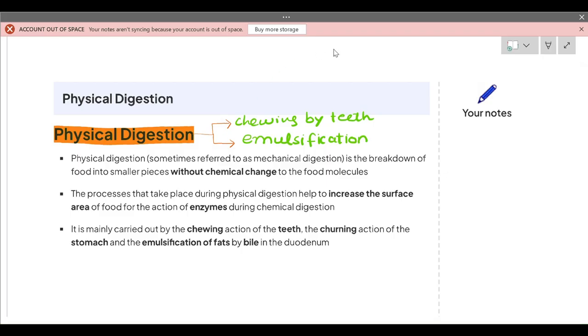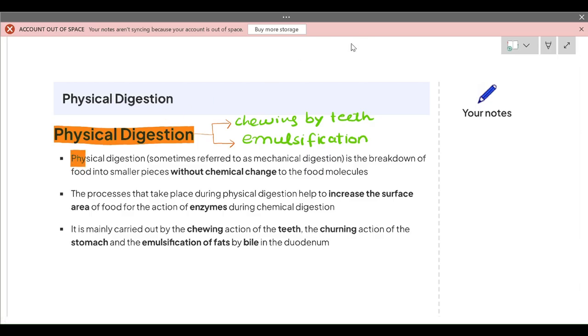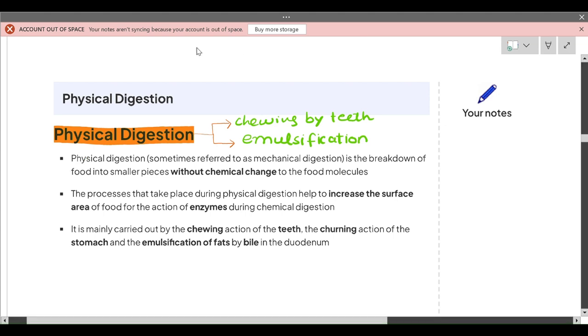So let's look at the content now. You might need to define this term as well, so you need to understand what physical digestion is and how you would explain it. Physical digestion, sometimes referred to as mechanical digestion, involves the breakdown of food into smaller pieces without any chemical change.